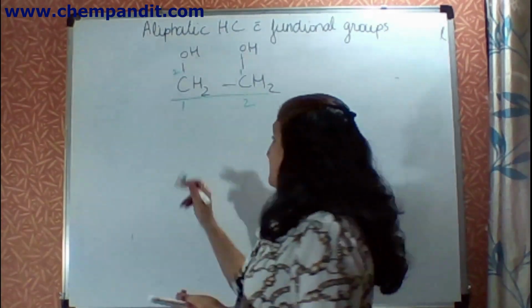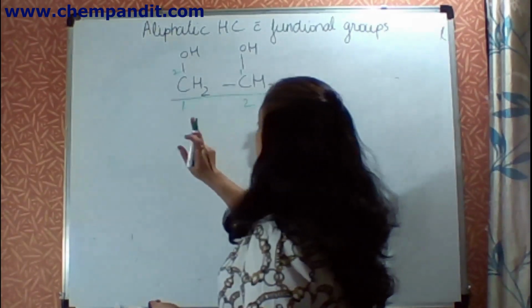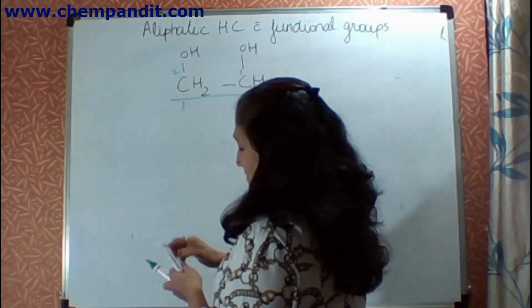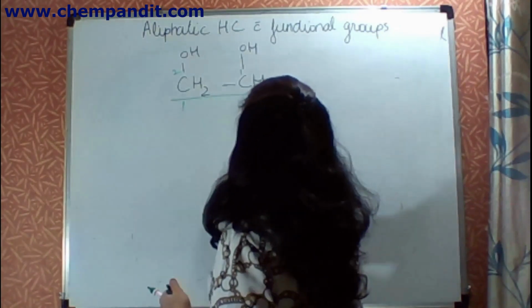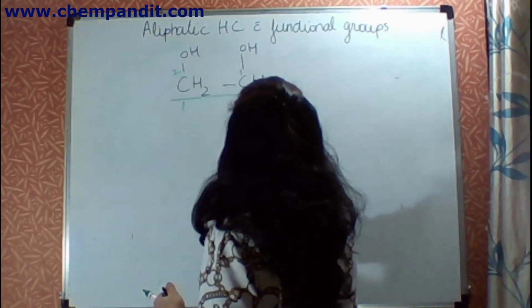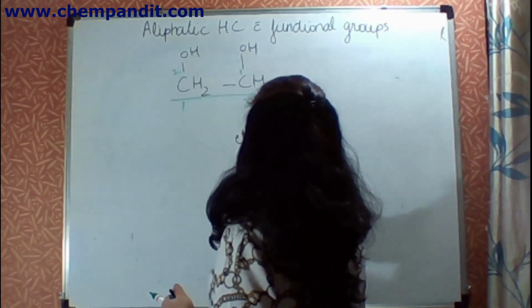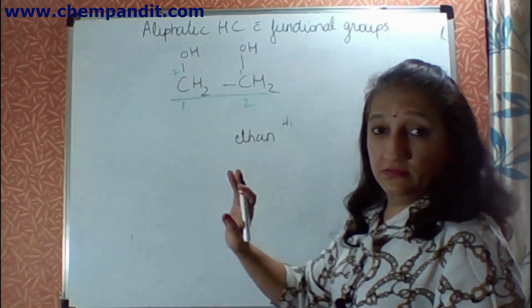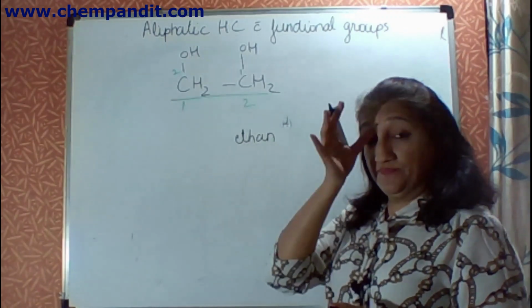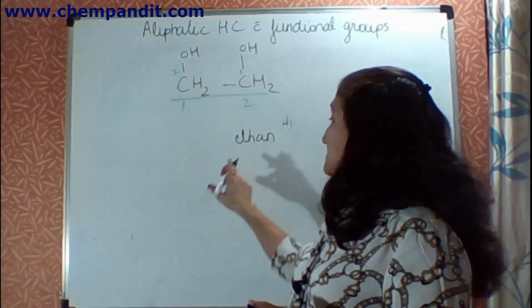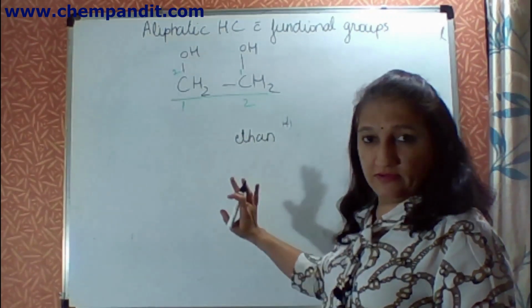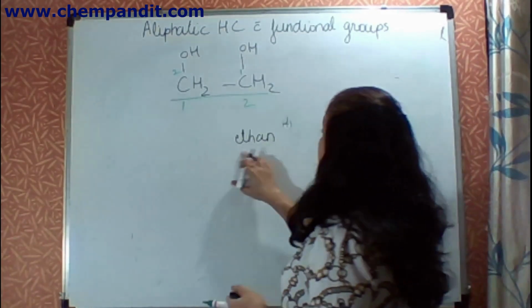How will you write? Since there are only two carbon atoms, the word root will be eth, right? The name will be ethane. I told you, what did I tell you? That the prefix is decided by the word root, right? So the word root is ethane.